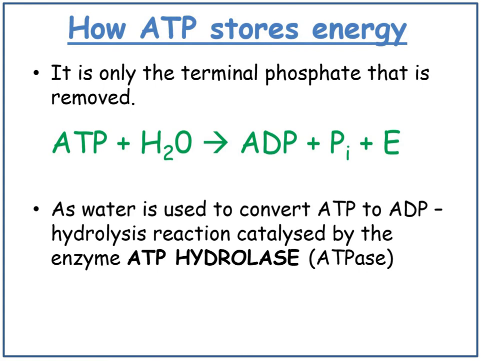So it's only the terminal phosphate that's removed. So the equation for this is ATP plus H2O goes to ADP plus Pi plus energy. As water is used to convert ATP to ADP, it must be a hydrolysis reaction, and it's catalyzed by the enzyme ATP hydrolase, or ATPase.